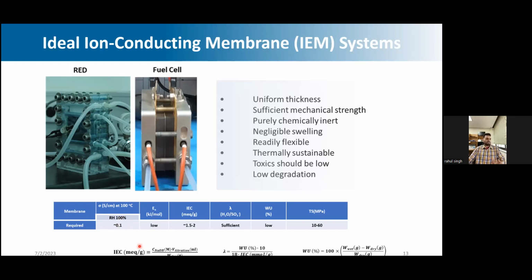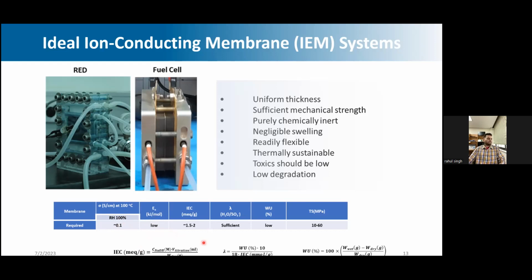At 100%, this is a high conductivity we have achieved. It's not only us; many groups have already achieved it. The targeted activation energy should be as low as possible, like below 10.